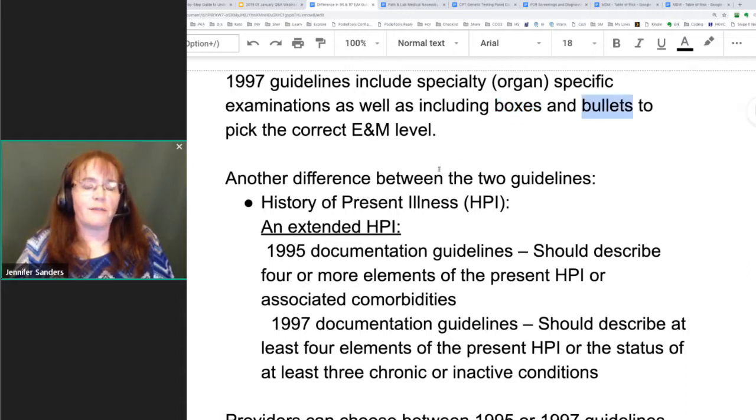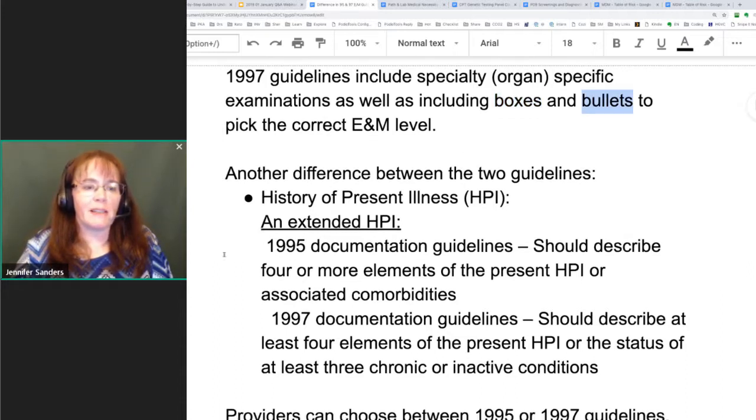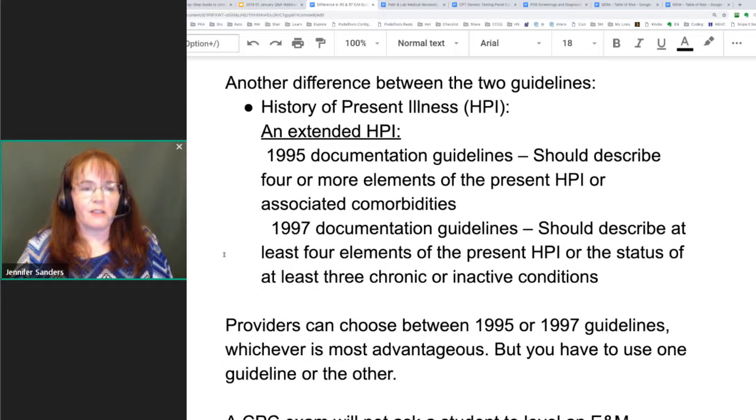Another difference between the two was in the history of present illness. In doing your HPI, when you're looking at an extended HPI, the 95 guidelines said that it should describe 4 or more elements of the present HPI or associated comorbidities. But the 97 guidelines gave that a little bit more difference.